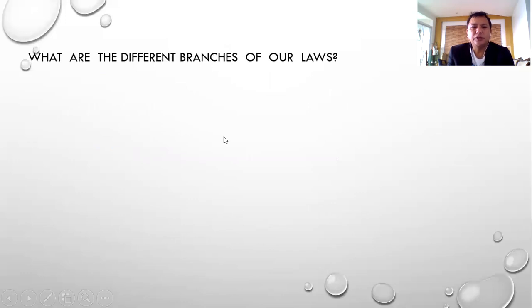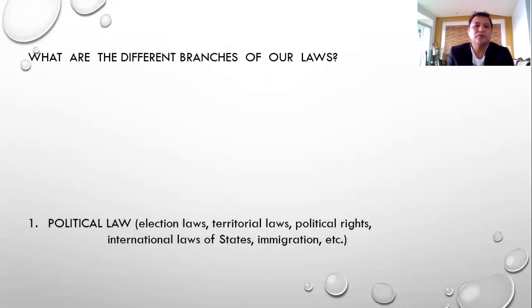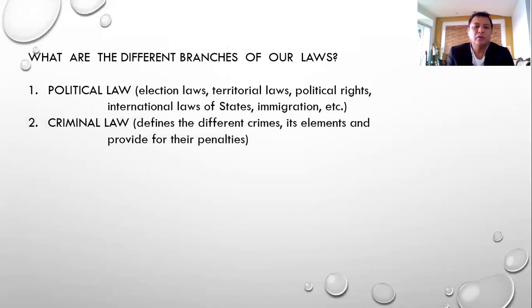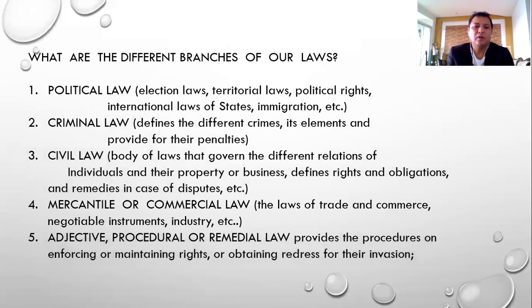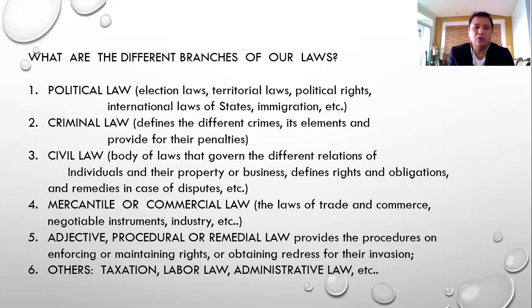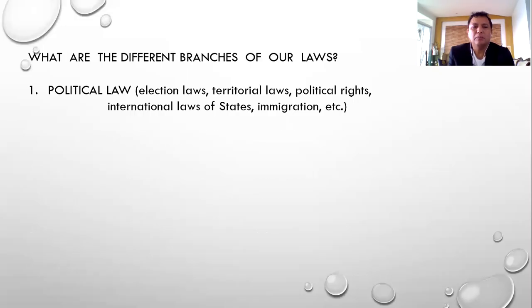But there are different branches of our laws: political law, criminal law, civil law, mercantile or commercial law, adjective, procedural or remedial law, and other laws. Examples of political laws are election laws, because these give us our political rights, especially the right of suffrage, the right to vote.